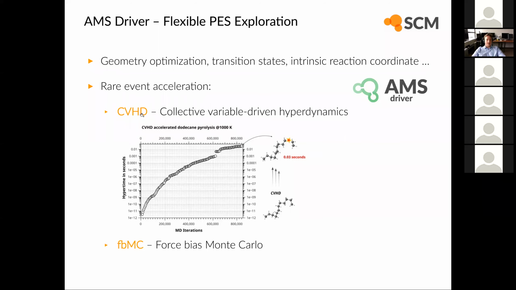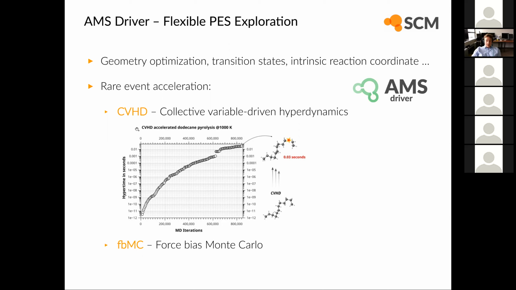An example here is CVHD, the collective variable-driven hyperdynamics. As this example shows, one is able to simulate the pyrolysis, so basically, when one heats up the material, the chemical decomposition of alkane chains.